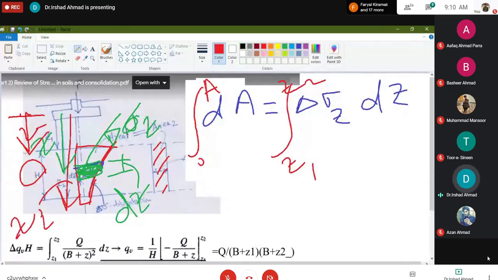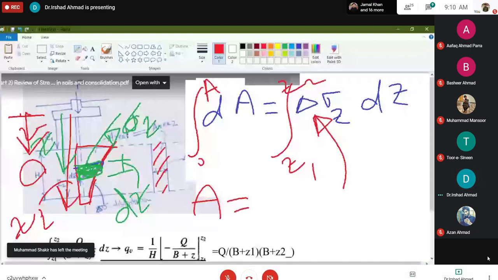So h is equal to z2 minus z1, right? So these are the limits. If you integrate this, that would become area, and you put the value of delta sigma z here. What is the value of delta sigma z here for a square footing? Q divided by B plus z squared, the one that you just derived.